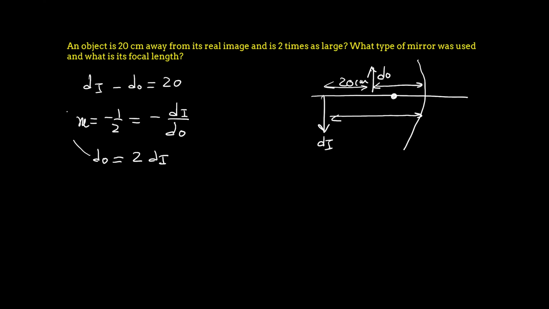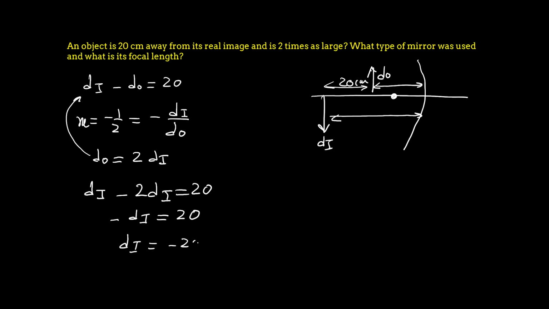So now I plug things in here. DI minus 2 DI, because DO is twice DI, is 20. So DI minus 2 DI, that's negative DI, equals 20, or DI equals negative 20 centimeters. But that is a contradiction.